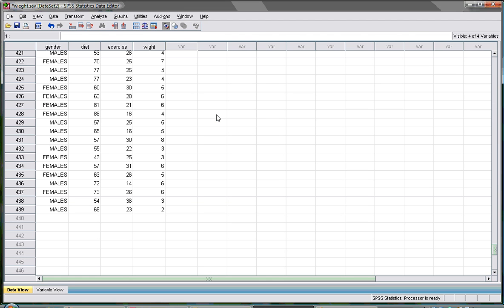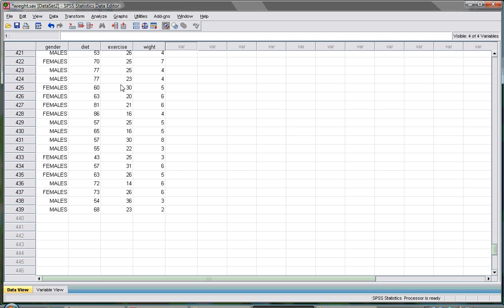So for example, you have this set of data here. You have the weight change as your outcome, so it will be your dependent variable because it depends on the other variables. Now you have three independent variables. We are going to talk initially about two variables only because they are continuous variables.